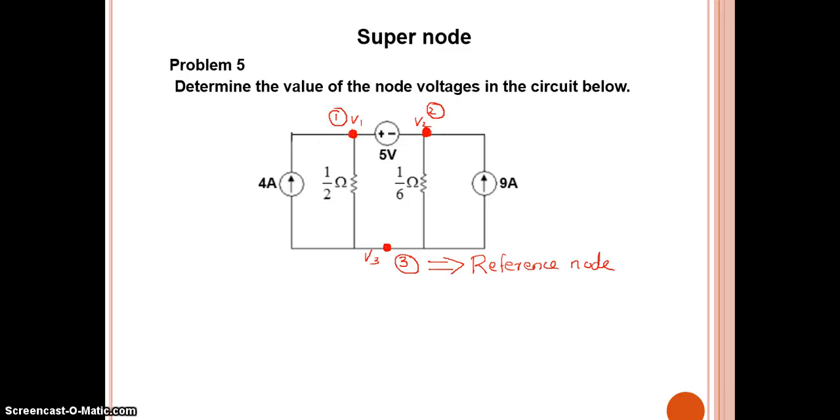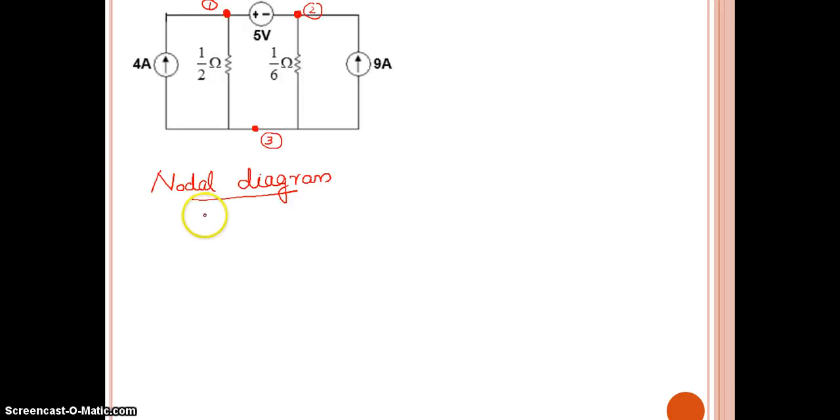Now our third step is to draw the nodal diagram. For drawing the nodal diagram, we are going to focus more on the nodes and, based on that, redraw the circuit diagram. So we will first draw the number of nodes. 3 nodes are there, node 1, node 2 and node 3.